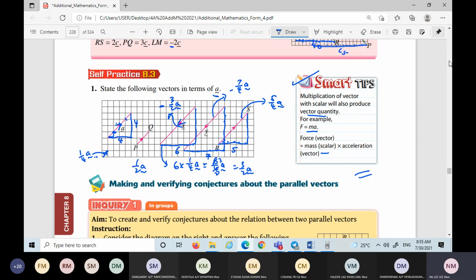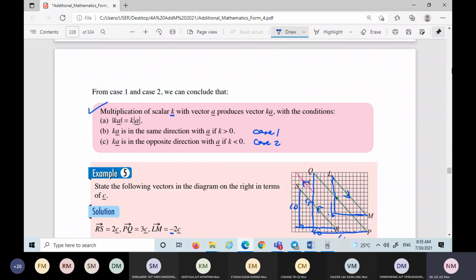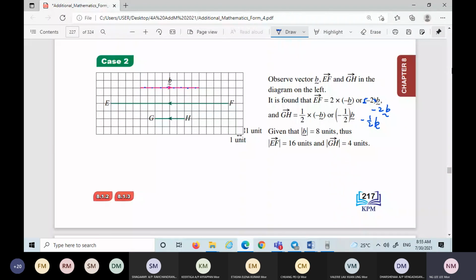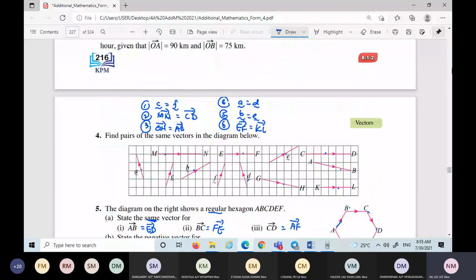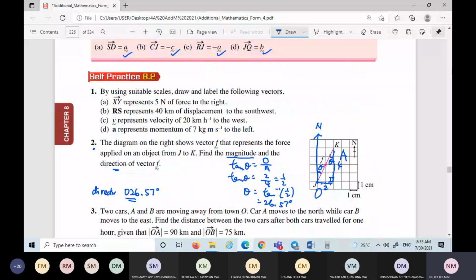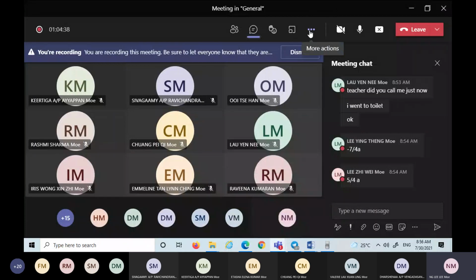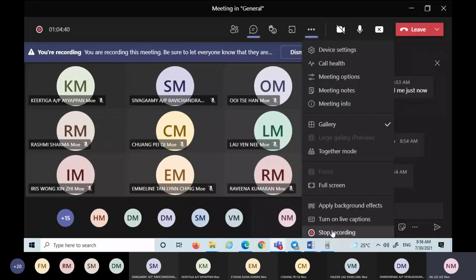Then 8.1 also no need to do. For 8.2, questions 4 and 5 no need to do. So for today, 8.2, you do 1, 2, 3 only. 3 questions, so it's quite easy. So I'll stop recording. I think no question for me.